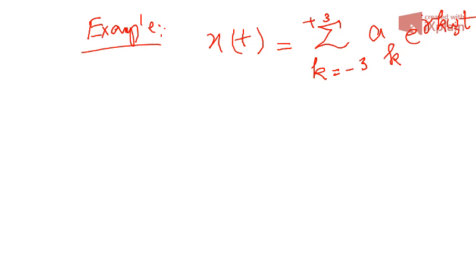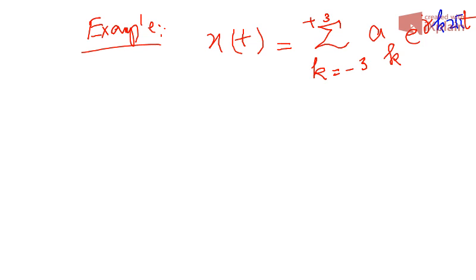Suppose we have this signal, and let's try to give some values here as well. Instead of k omega naught t, suppose we have k 2 pi t.